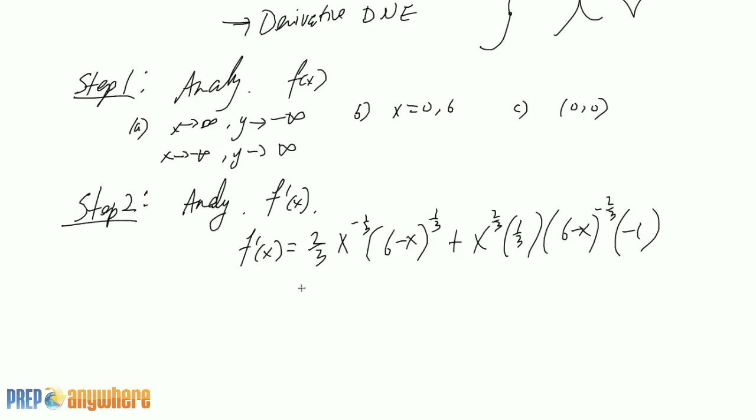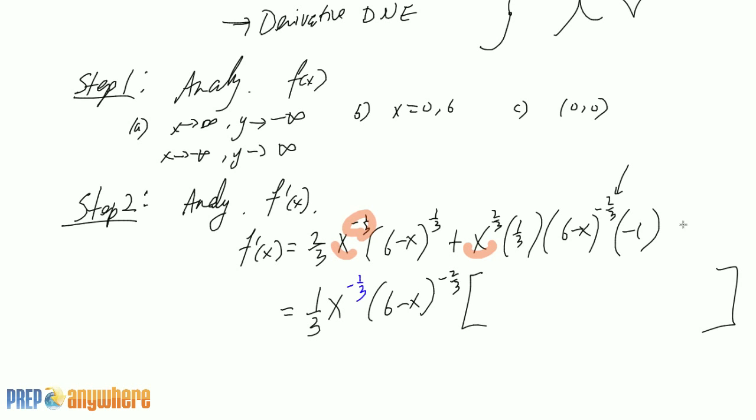The fastest way is to know how to factor fractional exponents. So first of all, I'm going to factor out 1 over 3. Base x: there's one here and there's one here. The smaller exponent is negative 1 over 3, so I'm going to factor out x to the negative 1 over 3. And for 6 minus x, the smaller exponent is negative 2 over 3, so I'm going to factor out negative 2 over 3.